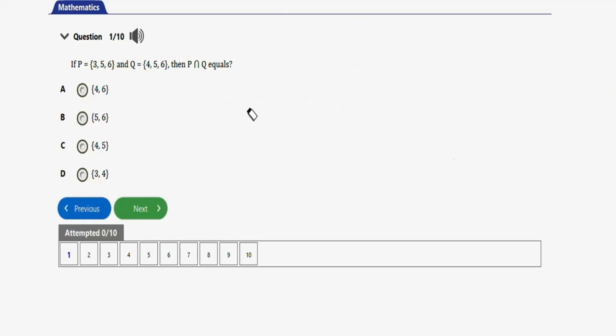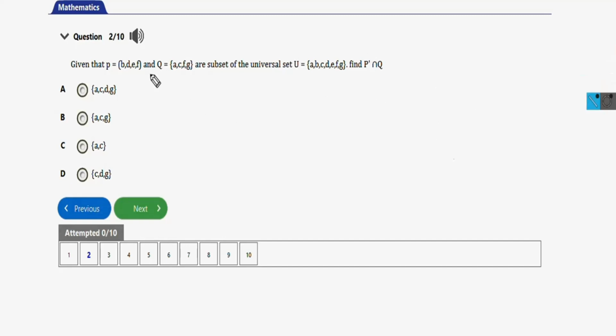Let's look at the next repeated question. It says given that P equals these elements and Q equals these elements are subsets of a universal set ranging from A to G, find P complement intersect Q. First, let's get our P complement.